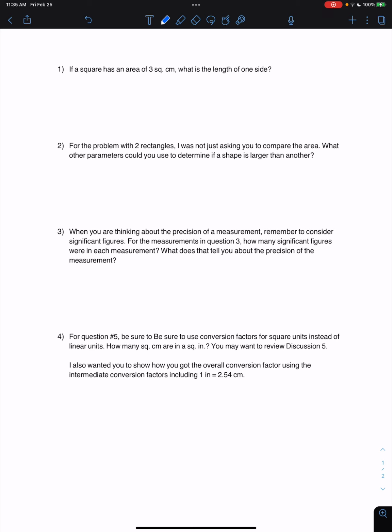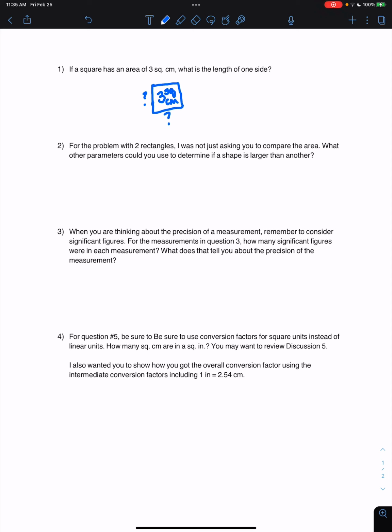However, I want you to think about what is the length of a side of a square that has an area of 3 square centimeters. So what is going to be the length of the sides?